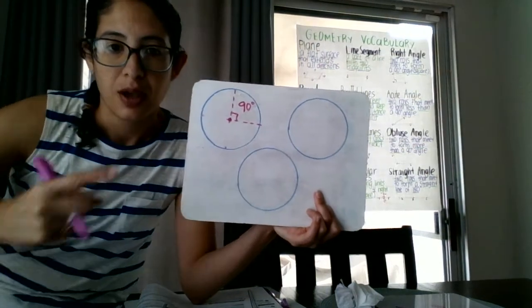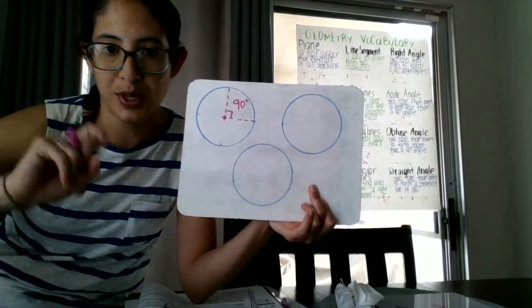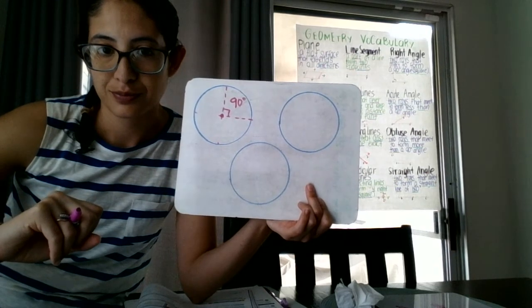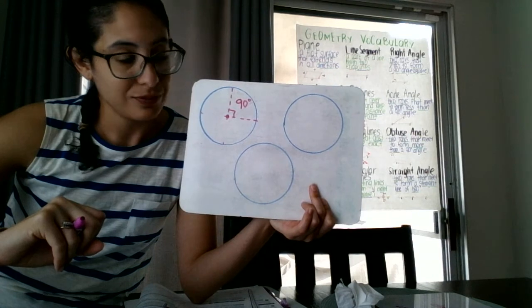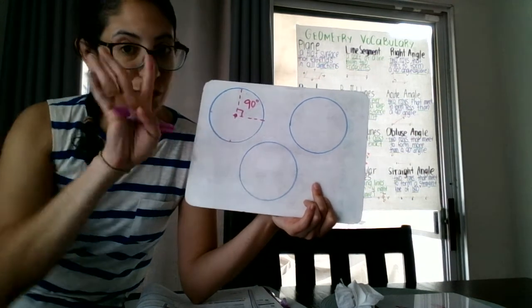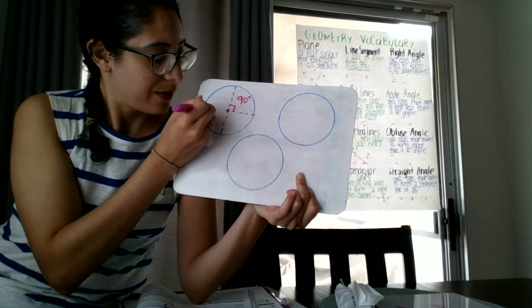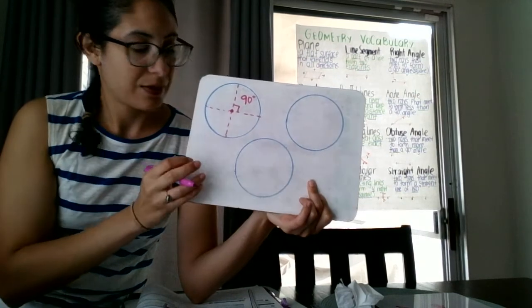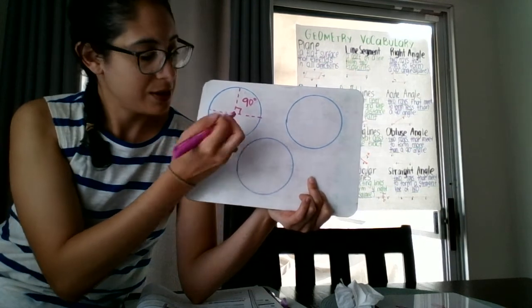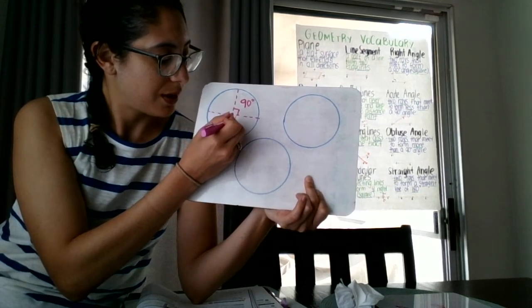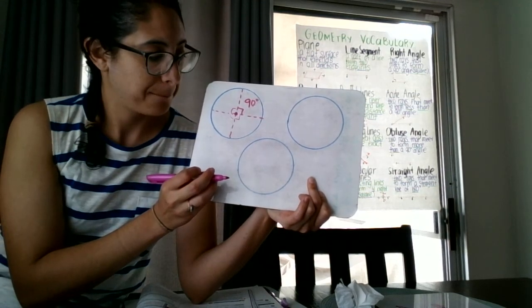So how many 90-degree angles are there in one circle? 4, right? There was 1, 2, 3, 4. All of these angles have square corners, okay?